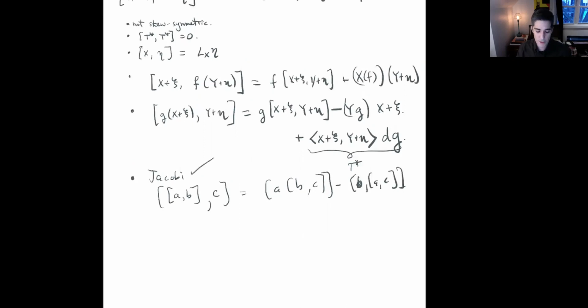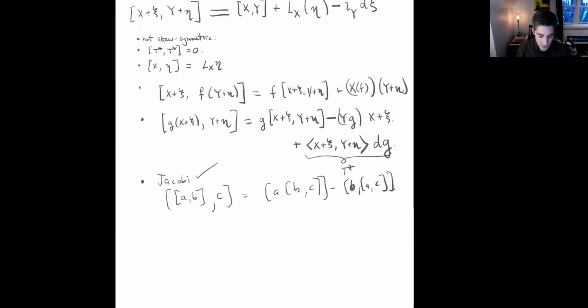So Jacobi is satisfied, and whenever you encounter something like this that is badly behaved and doesn't satisfy the axioms, you try to give it a fancy name. So it's an example of an L infinity algebra, or sometimes people call it an L infinity algebroid.